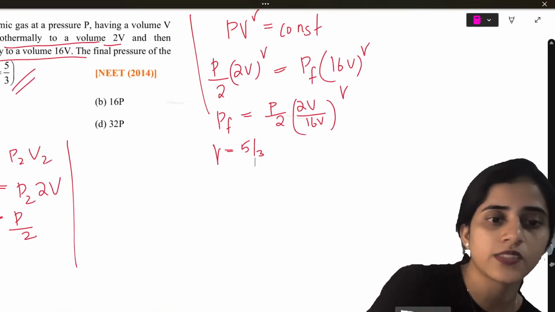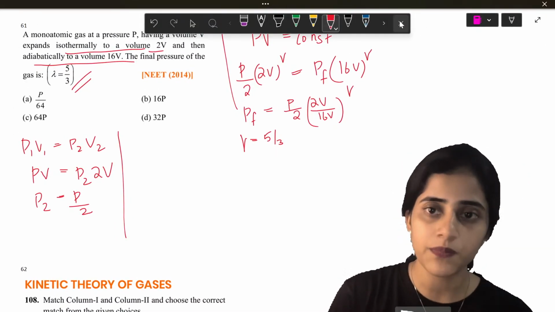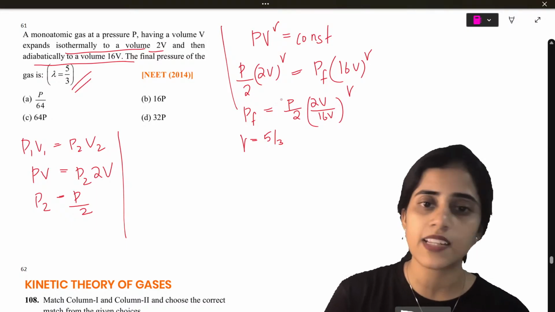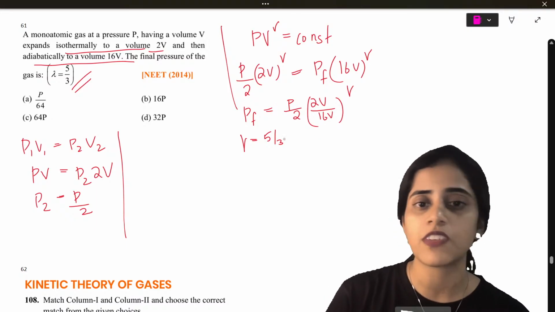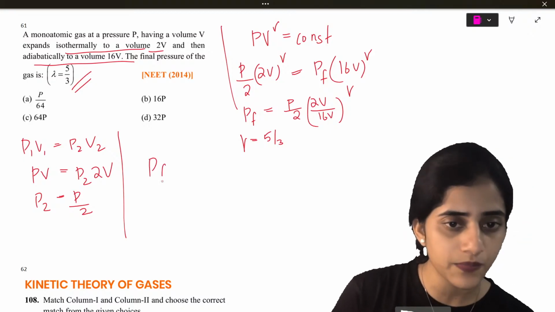Okay? Gamma will be 5 by 3. V and V cancel, everything will cancel. It will be 5 by 3. Now what will happen?